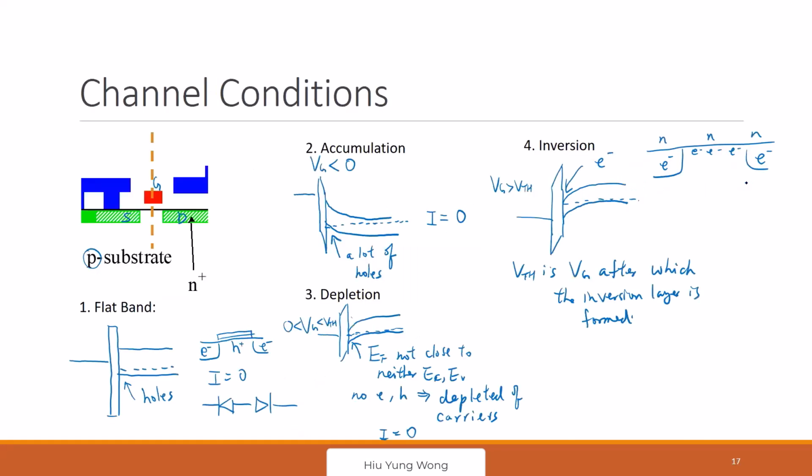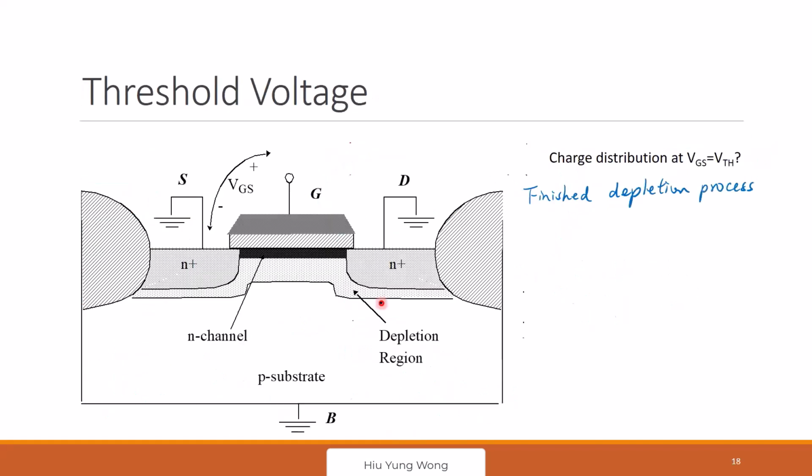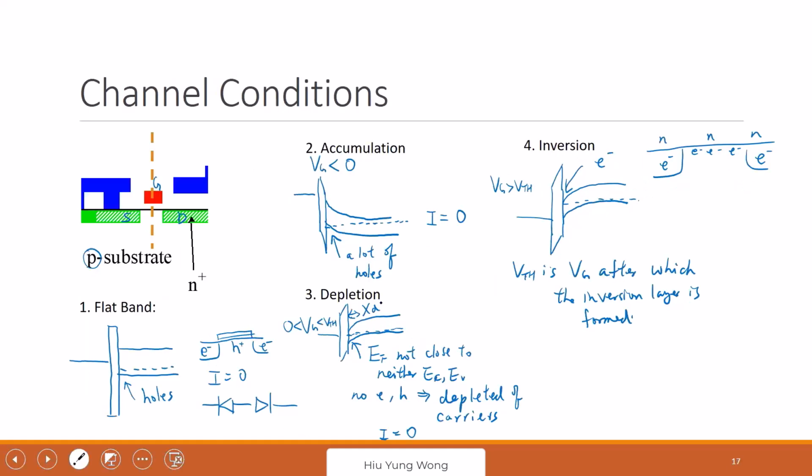If you look at this band diagram, when I keep increasing the VG, the bands keep bending. So I have thicker and thicker depletion layer. Right? This is the depletion layer. But eventually it will stop. Why does it stop? Because it starts having the inversion layer. Then the electric field will not penetrate anymore.